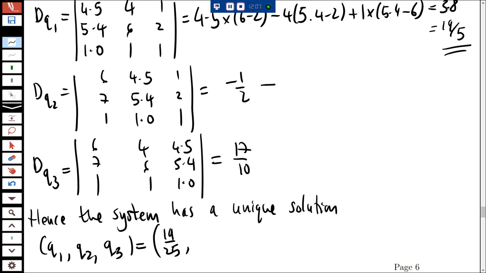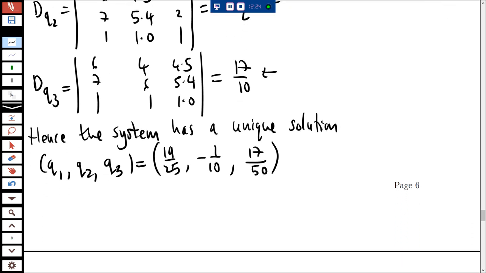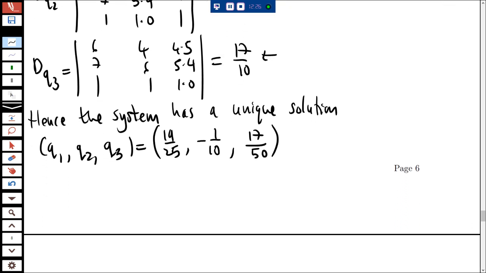Then we have -1/2 divided by 5, which is -1/10. And 17/10 divided by 5, which is 17/50. So the conclusion is there's a unique solution, however Q2 is less than 0.